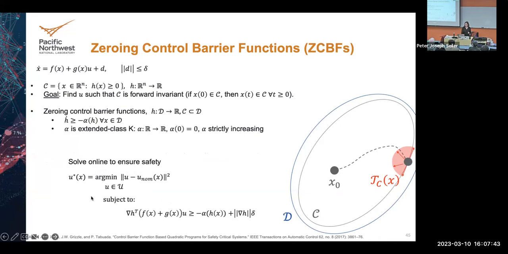Basically, you're adding this optimization problem to solve for a safe control input, and this has to be solved all the time as a safety assurance step. This means you have to solve an optimization problem when the system is running. And that's not something we like very much.